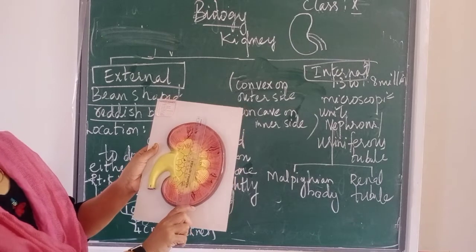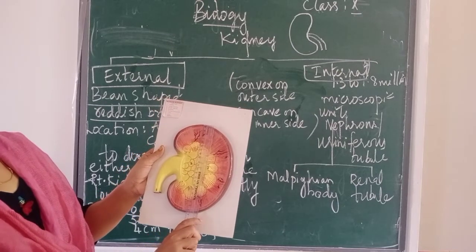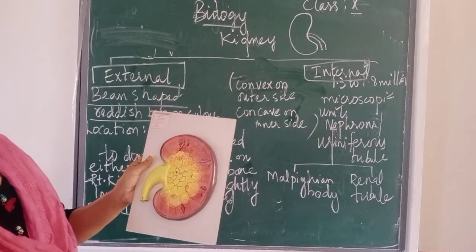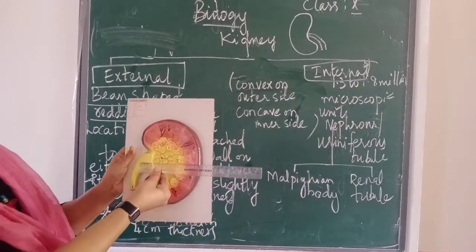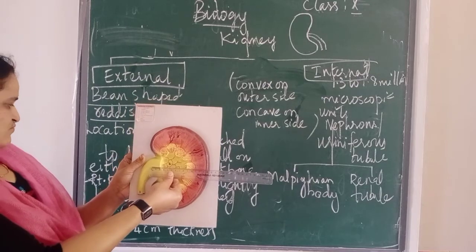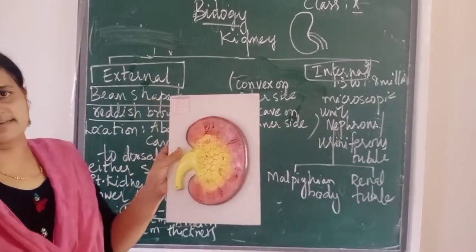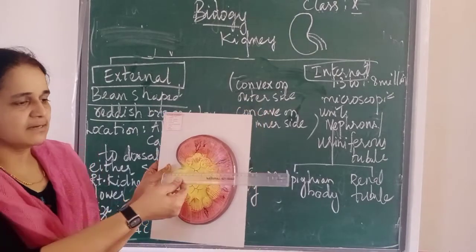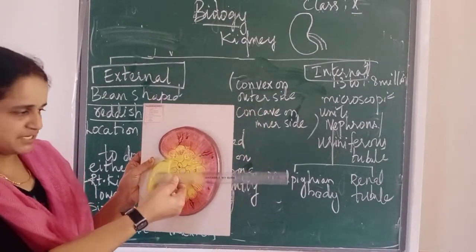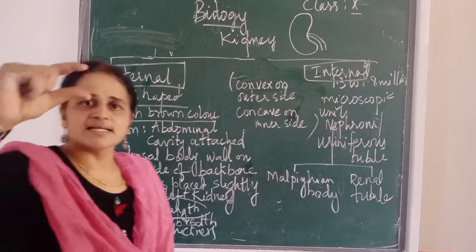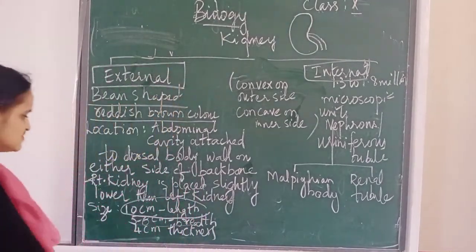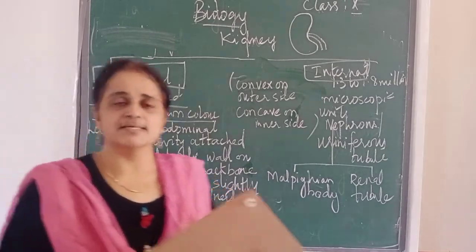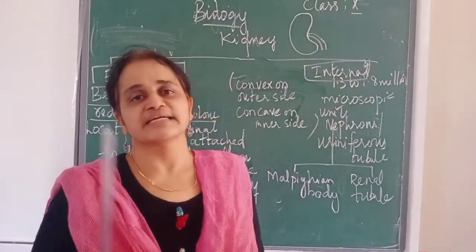Breadth is 5 to 6 centimeter and the thickness of kidney is 4 centimeter. So these are all the external features of kidney.